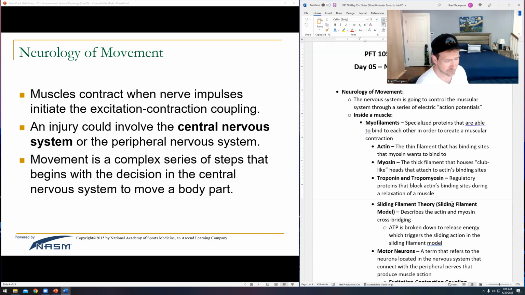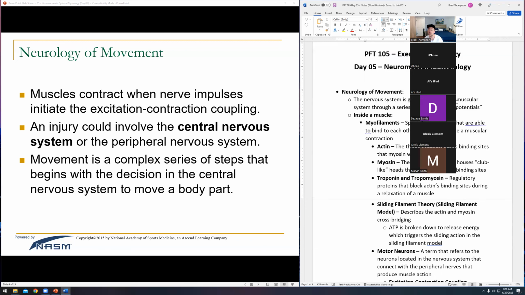Or even if you go to the doctor's office and they hit you with a hammer on the knee, right, and your leg kicks forward, that is still under the control of your nervous system, and it's still your central nervous system that is making those decisions. But it needs to have a connection there, and that's where the second division of our nervous system, we call that our peripheral nervous system, is interacting with that. So we're going to look at the differences between those here in a little bit.